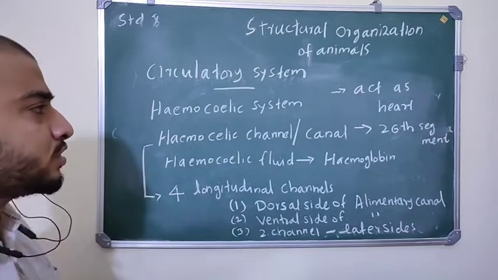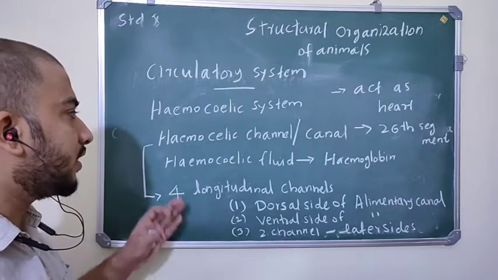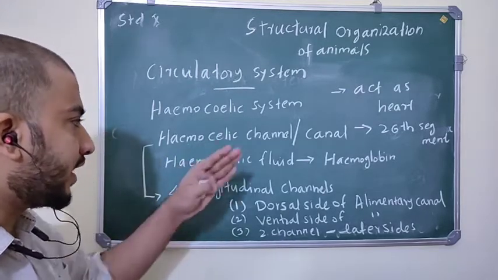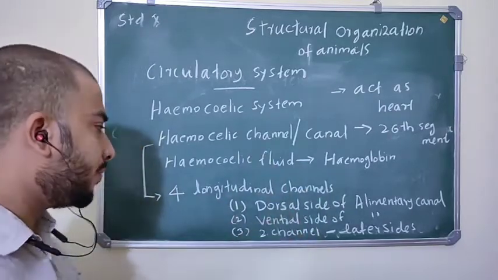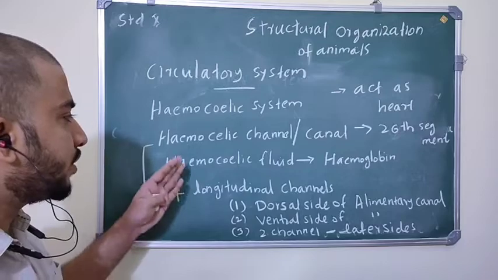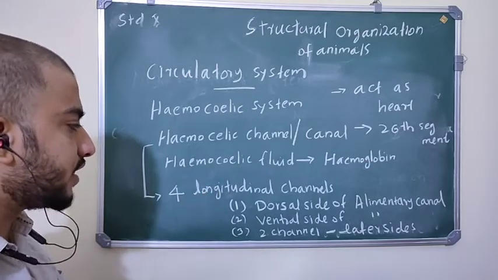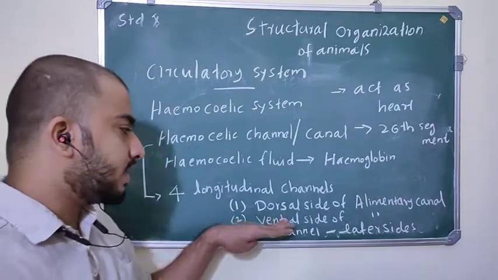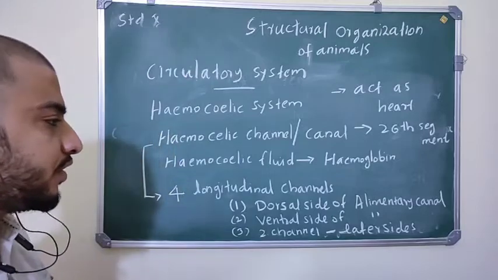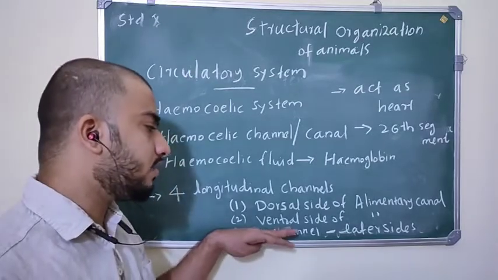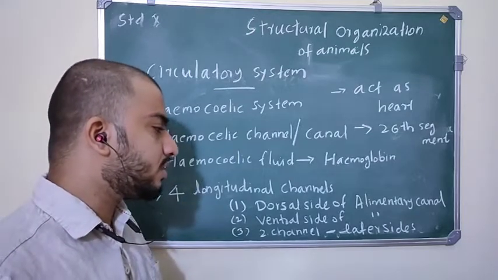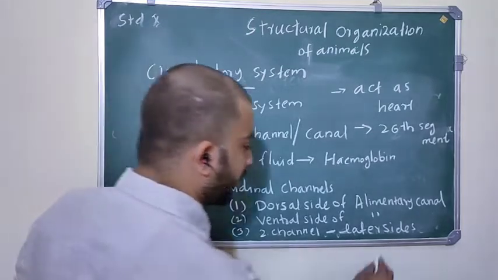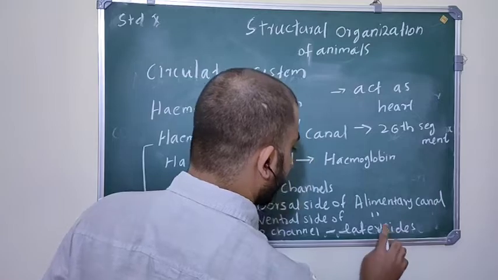They have a hemocoelic circulatory system, with hemocoelic channels or canals filled with hemocoelic fluid which contains hemoglobin, and there are 4 longitudinal channels. One channel is on the dorsal side of the alimentary canal of the leech, one on the ventral side, and the other 2 on the lateral sides.